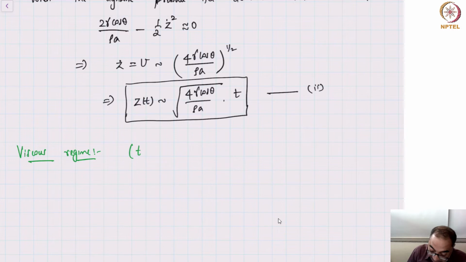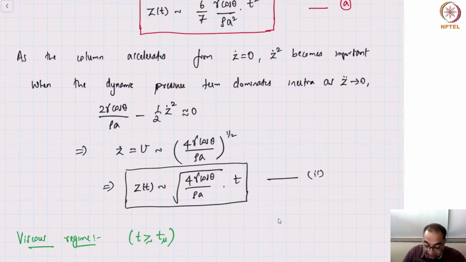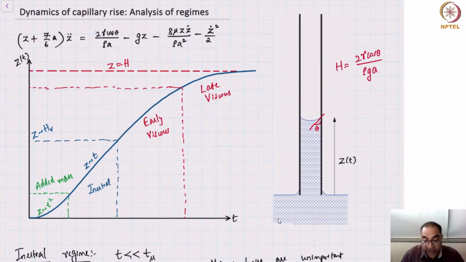So the viscous regime kicks in when t becomes larger and comparable to t mu. Okay. So let's look at the equation and understand what are the terms that become important in the viscous regime. Now, inertial terms are already very small.